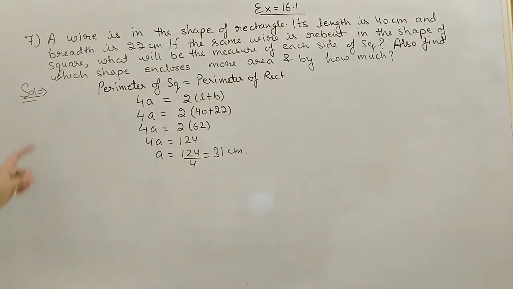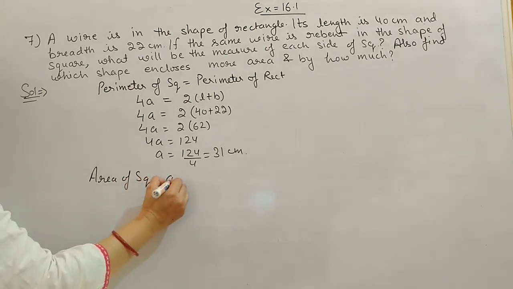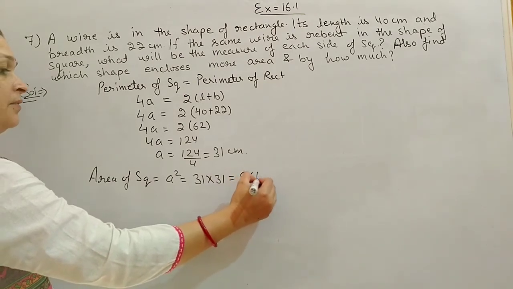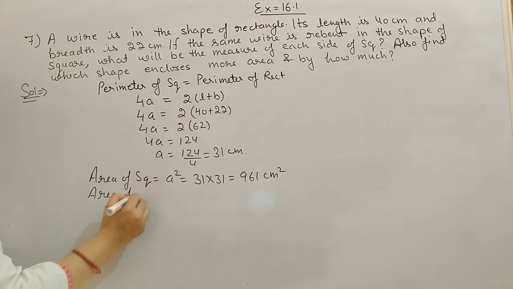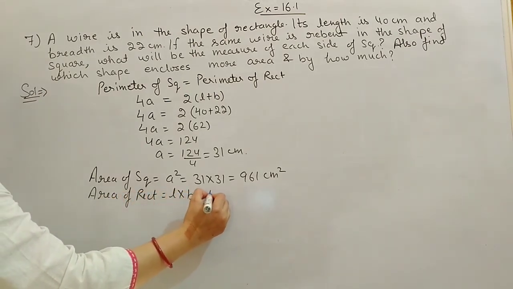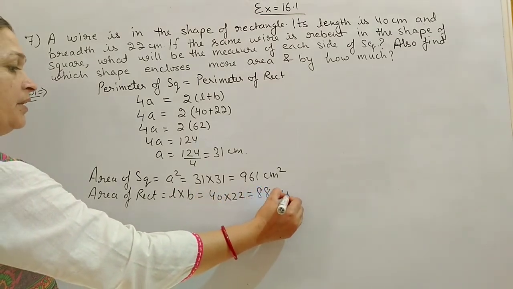Next thing we have to find out which shape encloses more area and by how much. It means we have to find out the area for both the figures and then take the difference between them. So area of a square is a square, means 31 into 31, 961 centimeter square, and area of rectangle is length into breadth, 40 into 22, 880 centimeter square.